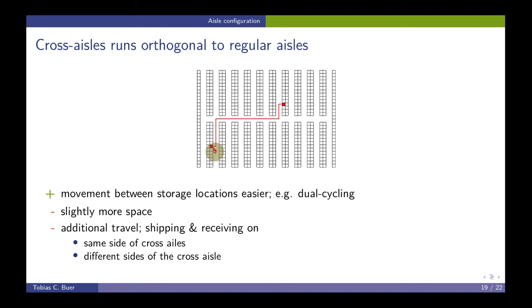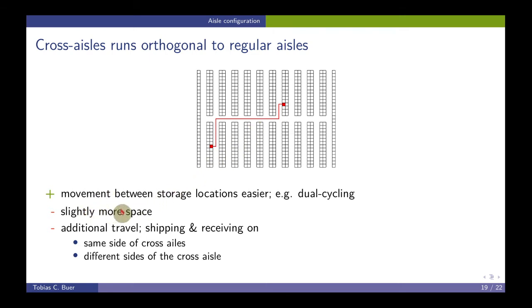But we can move quicker between the aisles, and this is in particular good if we have some more complicated operations to perform on our pallets. For example, if we apply dual cycling, where we combine a put away operation with a shipping or a picking operation of a pallet.